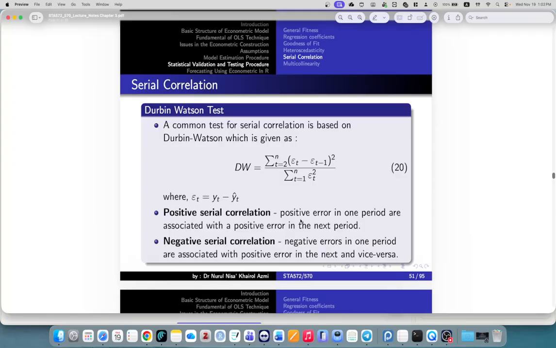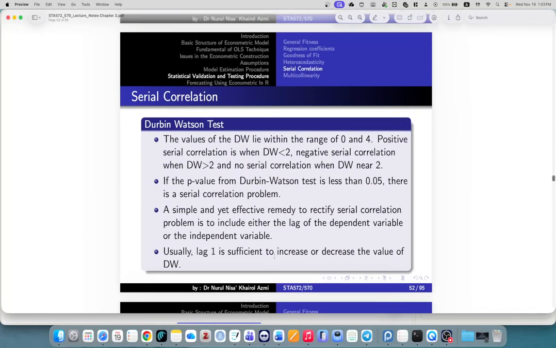As the text says, a positive error in one period is associated with a positive error; for negative, a very high positive error is followed by a very high negative error, and then a very high positive error. When you plot the residuals across time, it shows a zigzag pattern. That's a negative serial correlation.